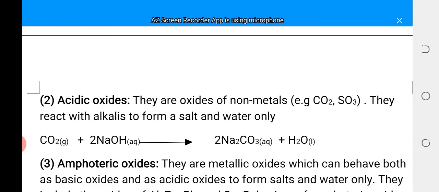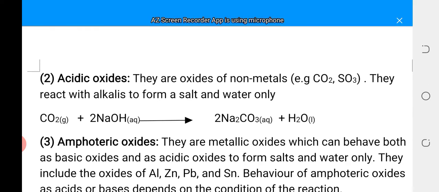These acidic oxides are also referred to as acid anhydrides because they can simply dissolve in water to form acids. That is why they are called acid anhydrides. Examples of such acidic oxides are carbon 4 oxide, sulfur 6 oxide, and the likes.